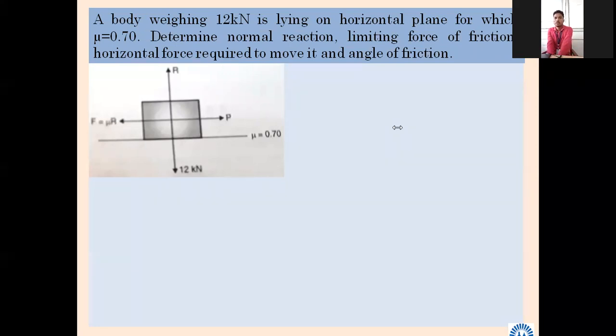A body weighing 12 kilonewton is lying on horizontal plane for which mu is equal to 0.7. Determine normal reaction, limiting force of friction, horizontal force required to move it, and angle of friction. Very good. Thank you.